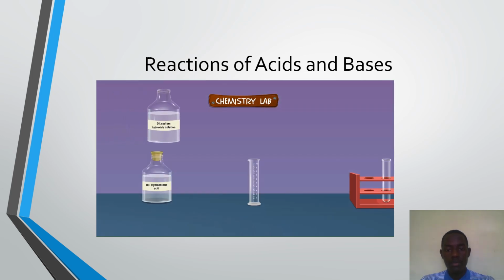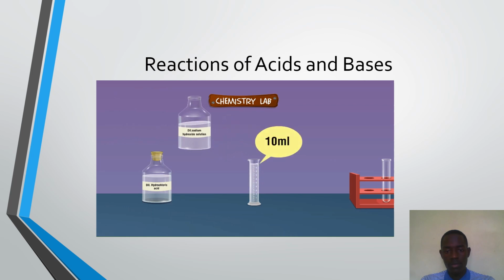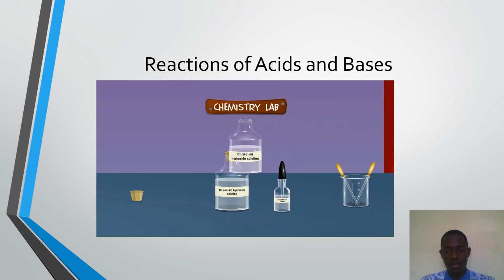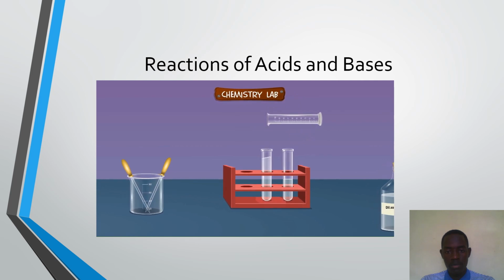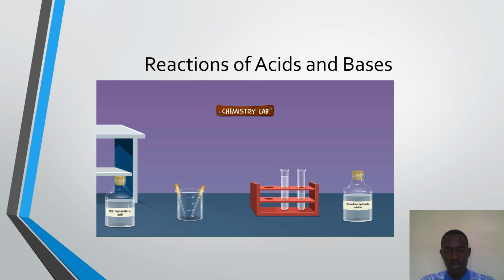Now take about 10 ml of dilute sodium hydroxide solution in another test tube. Take out sodium hydroxide solution with the help of a dropper and start adding the solution drop-wise into the test tube containing hydrochloric acid till a change in color is observed.